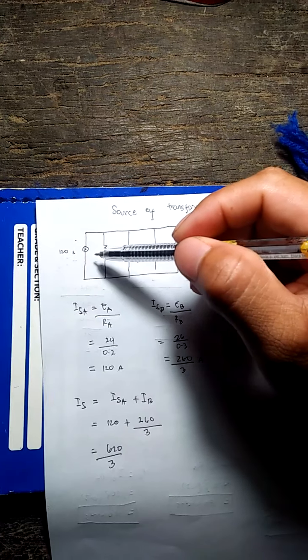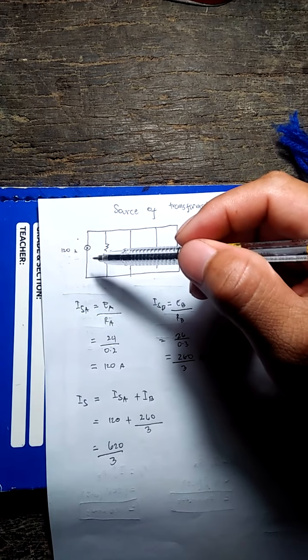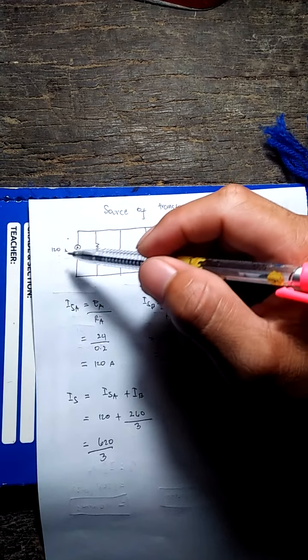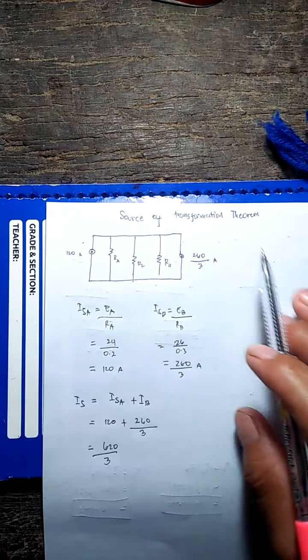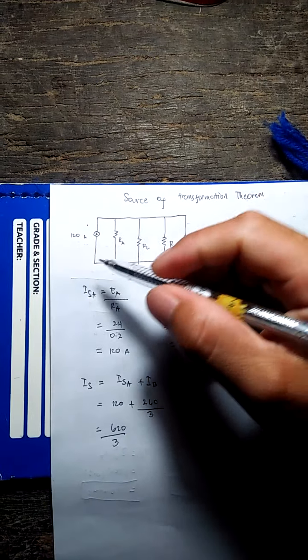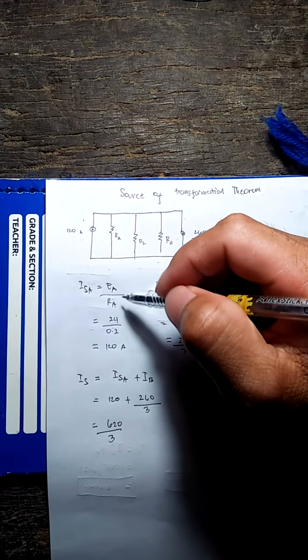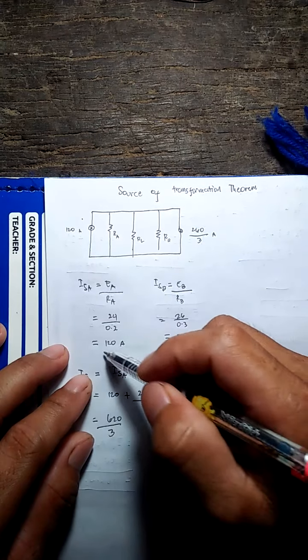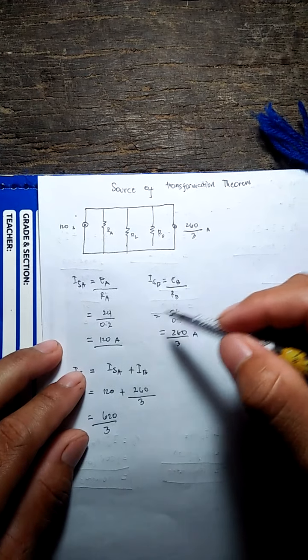So we solve for the equivalent of every power source into a current source. In solving our current source, ISA is equal to EA over RA, which is 24 over 0.2, which is equal to 120 ampere.